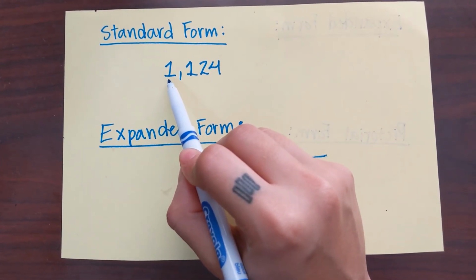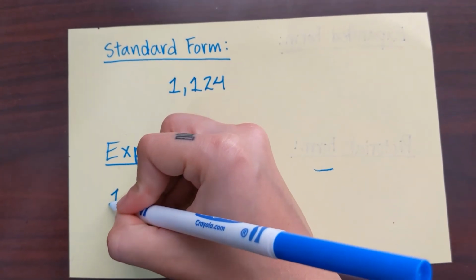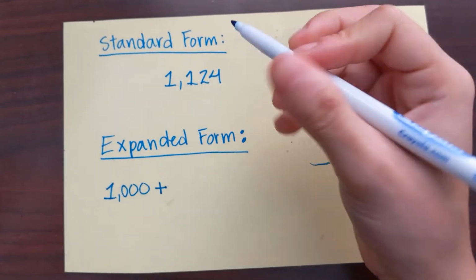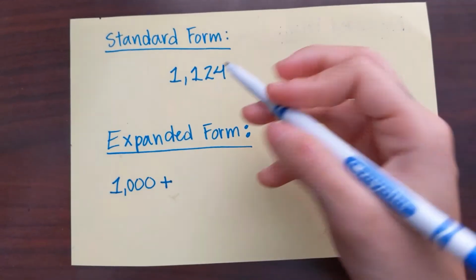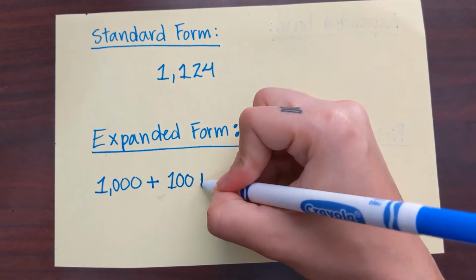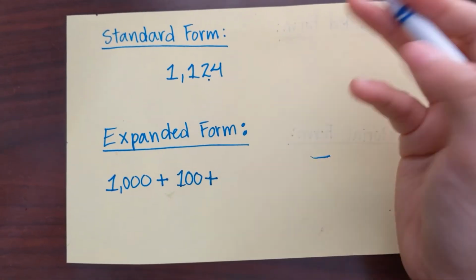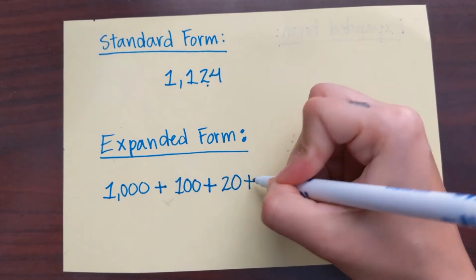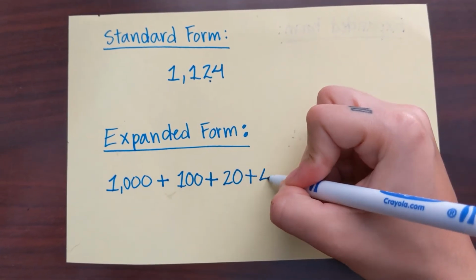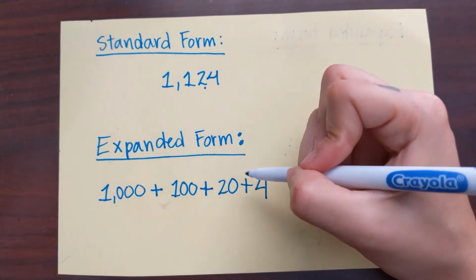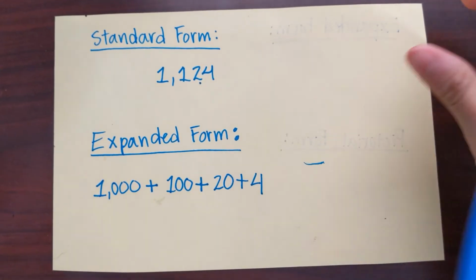So my first number will be 1,000. So I'll write it as 1,000 plus 100 plus 20 plus 4. So here is my standard form and here is my expanded form.